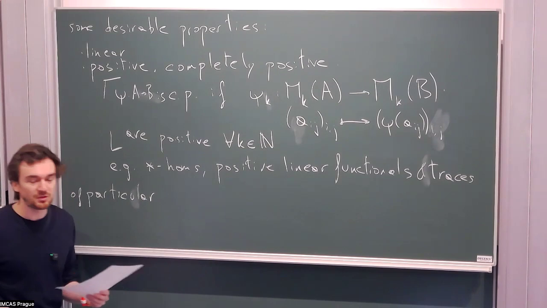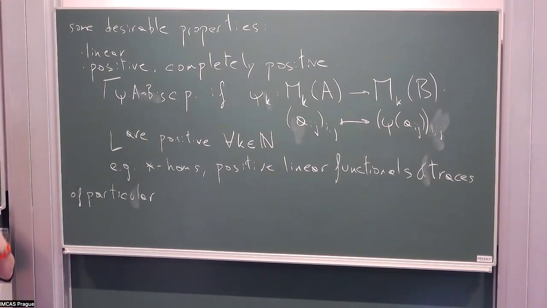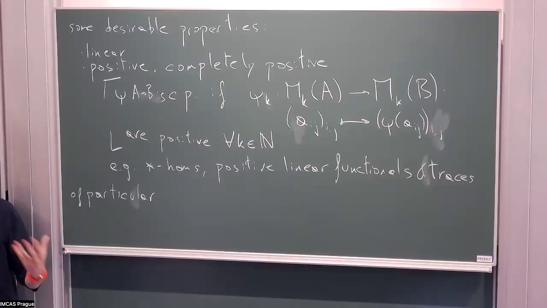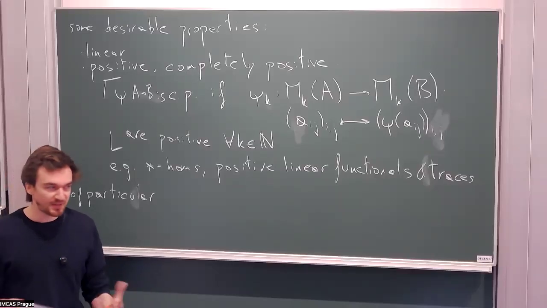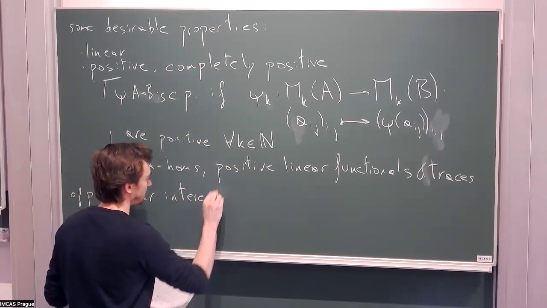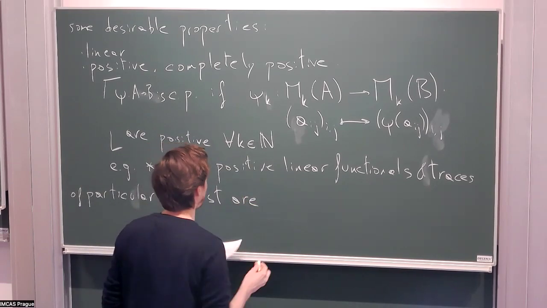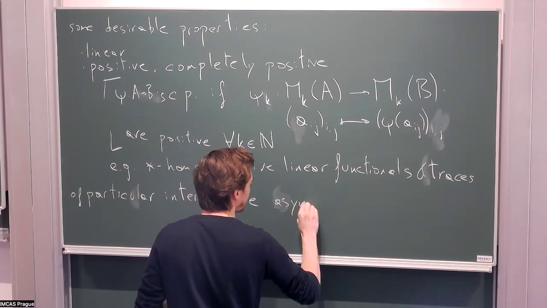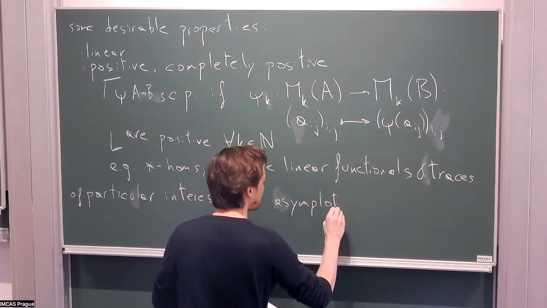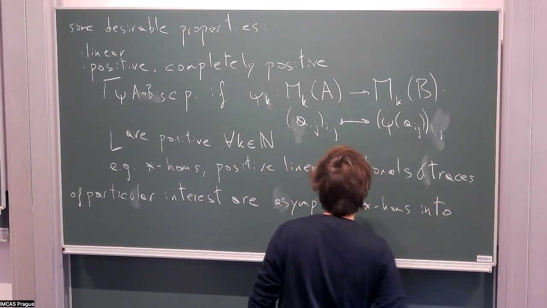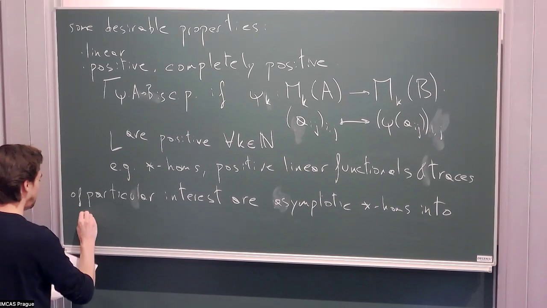Now, as I mentioned in the beginning, we want to study these structural properties as having an asymptotic star homomorphism into C-star algebras that we understand better. So by that, I mean, in this case, matrix algebras.